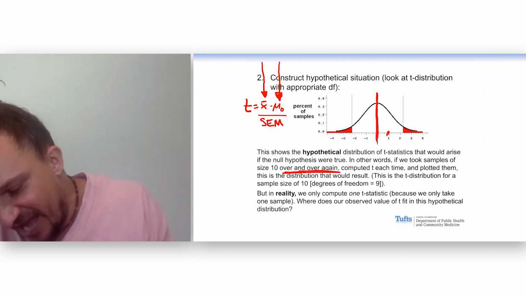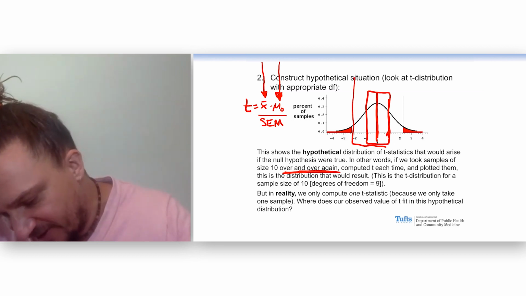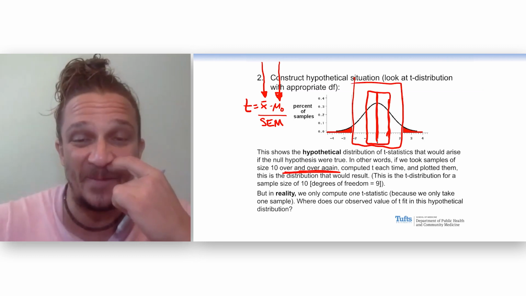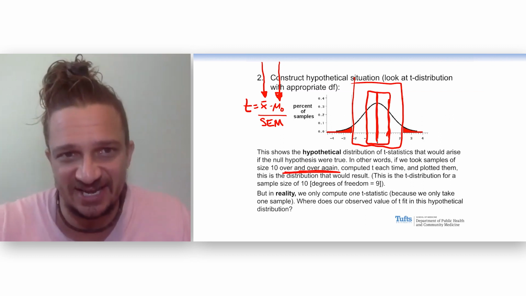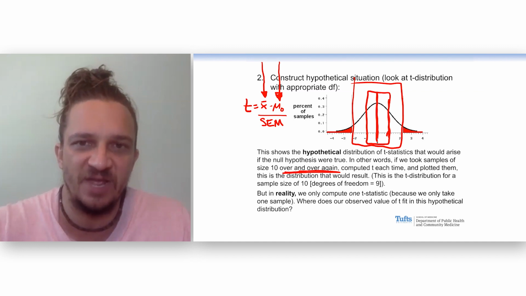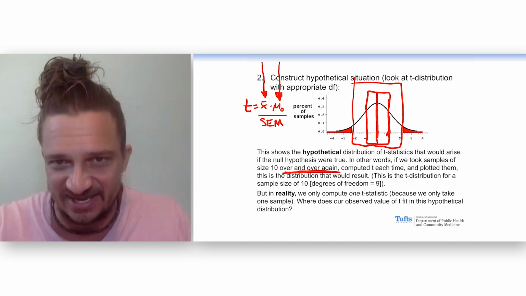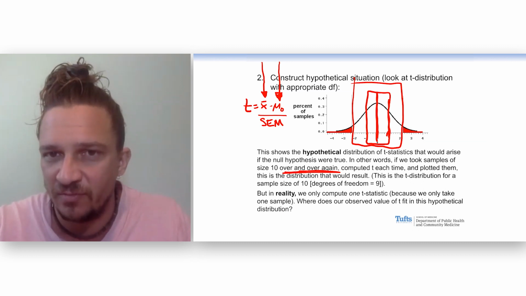So 68% of the time, it would be within 1 SEM, 95% of the time within 2 SEM, and so on. That's what the T statistic is. It's how many SEMs my mean is away from the population mean. So this graph is what you would expect to see if the null was true.